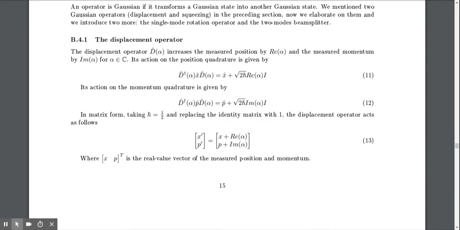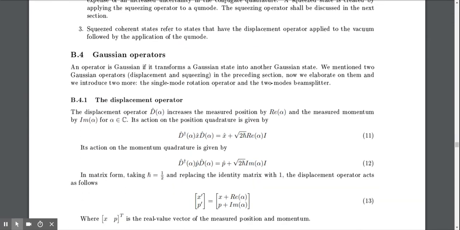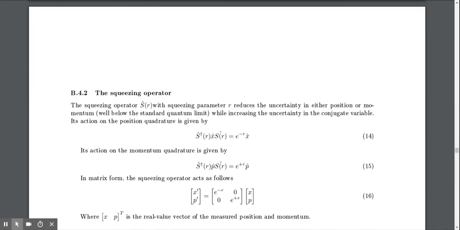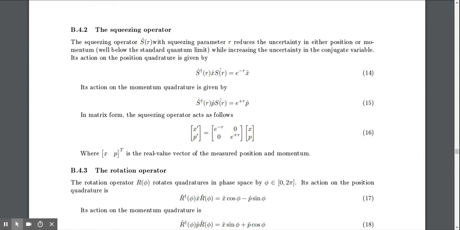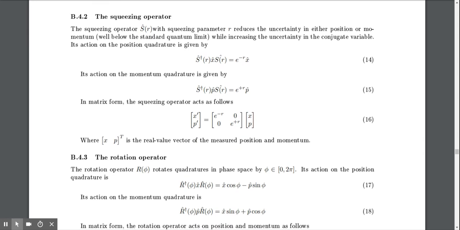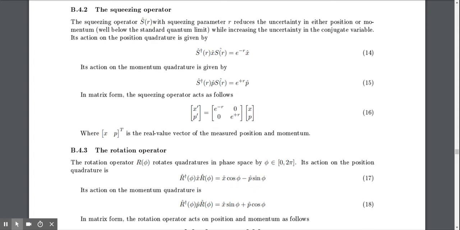Okay. Interesting. The squeezing operator. The squeezing operator with squeezing parameter R reduces the uncertainty in either position or momentum well below the standard quantum limit, while increasing the uncertainty in the conjugate variable. Its action is given by these.